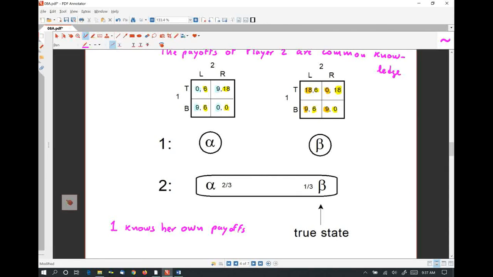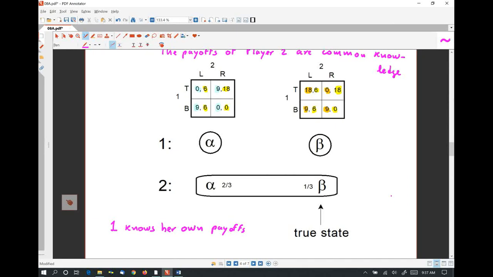If, on the other hand, the payoffs are 18, 0, 9, 9, as described in state beta, then again, since player 1's information set containing beta is just a singleton set containing beta, it means that 1 knows her own payoffs also in that state.